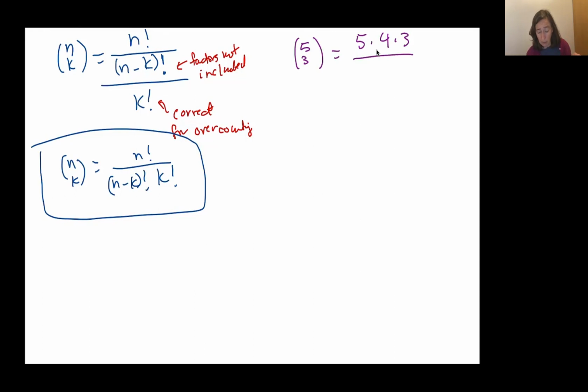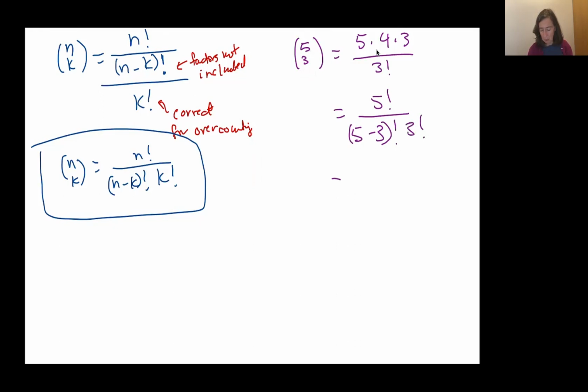So that was why we divided by the number of different ways we could order the 3 slots, divided by 3 factorial. And then in figuring out how to write this compactly, what we did with 5, 4, and the 3 is we wrote that as 5 factorial divided by 5 minus 3, which is 2 factorial.